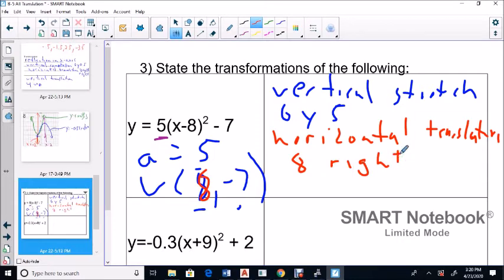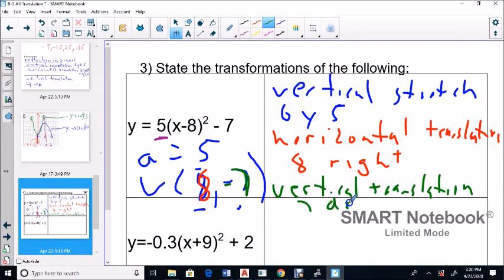And then the last one, this negative 7 here. The negative 7, there's a vertical translation. The negative tells you it goes down. Translation. Okay, 7 down.